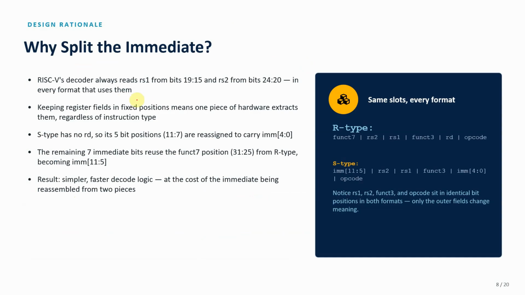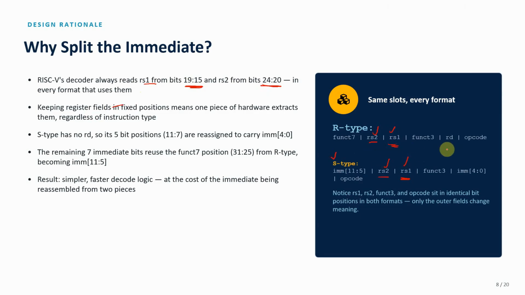And why are we going to split the immediate? Because the RISC-V decoder is always going to read RS1 from 19 down to 15 and RS2 from 24 down to 20, irrespective of the instruction you use. You can see in the R type instruction also, the RS2 and RS1 positions are fixed, and in the S type instructions also, RS2 and RS1 are fixed. It is easier for the decoder to decode the instruction if these positions are fixed.